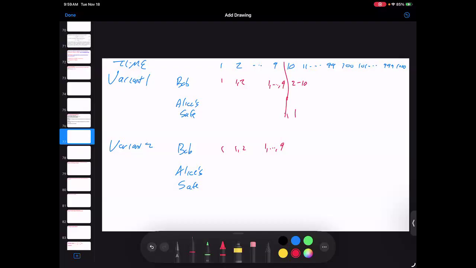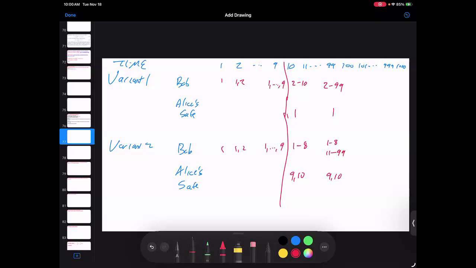In the second method, Bob has 1 through 8, and Alice's safe has 9 and 10. Everybody comfortable with that? Now, when we get to 99, Bob is going to get bills 2 through 99, and Alice's safe has 1. Down here, Bob has 1 through 8, and then 11 to 99, and Alice's safe has 9 and 10.